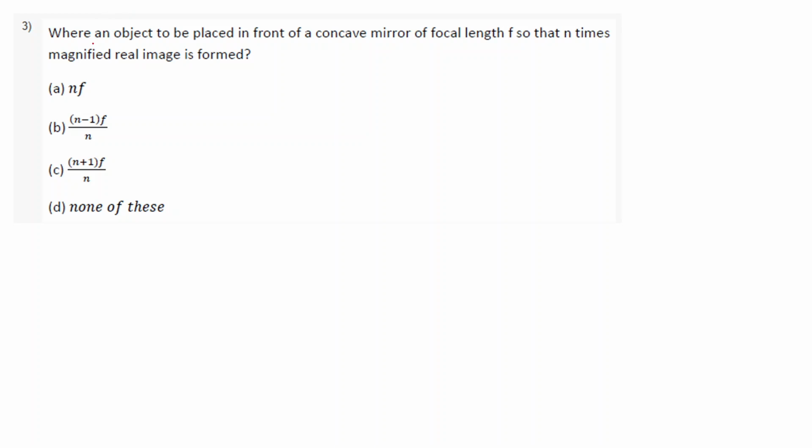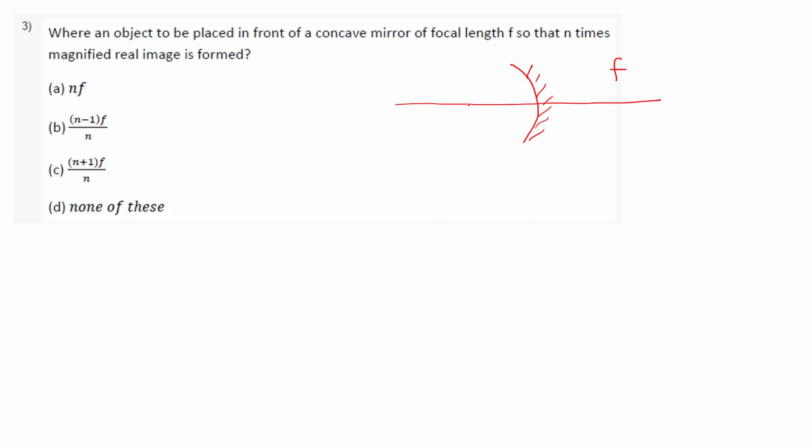So the question is, where should an object be placed in front of a concave mirror, again we are talking about a concave mirror of focal length f, so that an n times magnified real image is formed. They should have clarified better, but the question is where should an object be placed in front of the concave mirror.